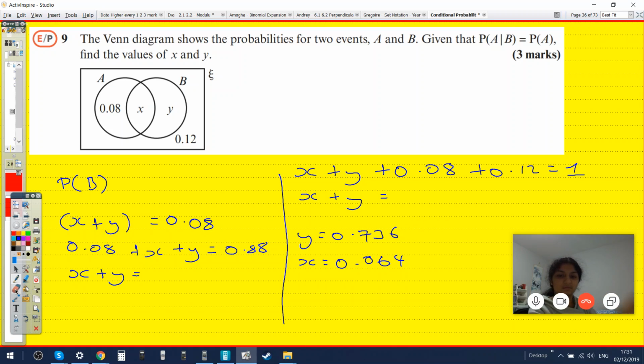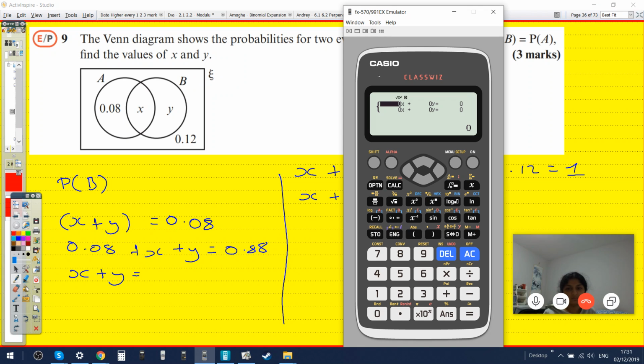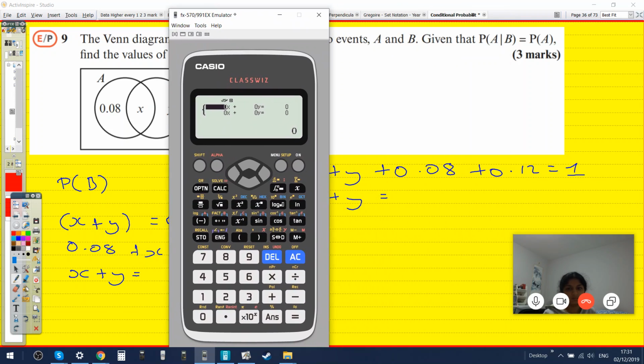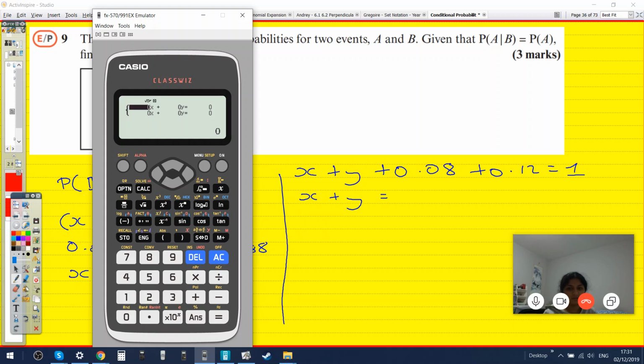I think it was the first bit where you went wrong. Let's see. This part here is just fundamentally when you add everything up, you get 1. So we will do 1 minus 0.08 minus 0.12.